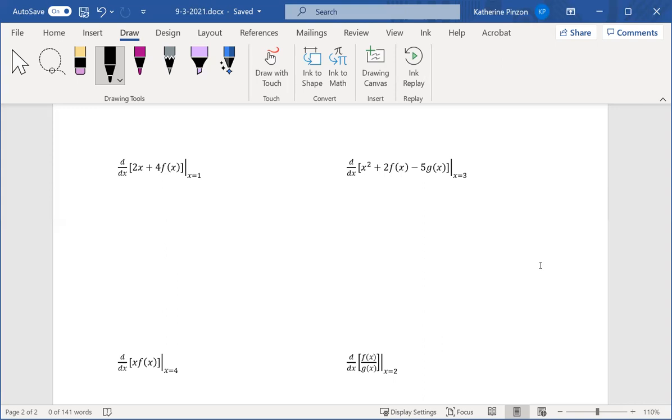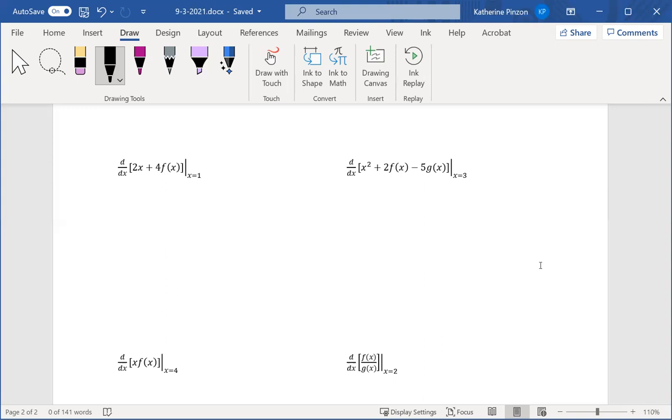So if you go back to the first day of notes on Monday, we had that box with those derivative rules. And remember I said if you have a constant times a function, the constant just stays there and then you take the derivative. If you have two functions added together, you can take the derivative of each part separately.